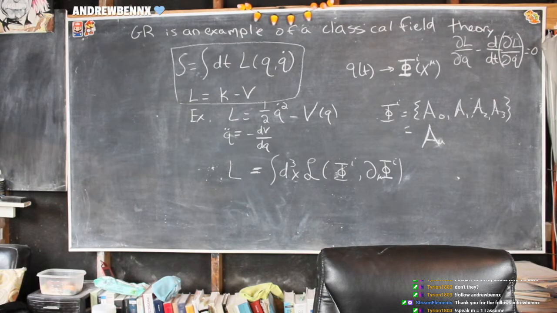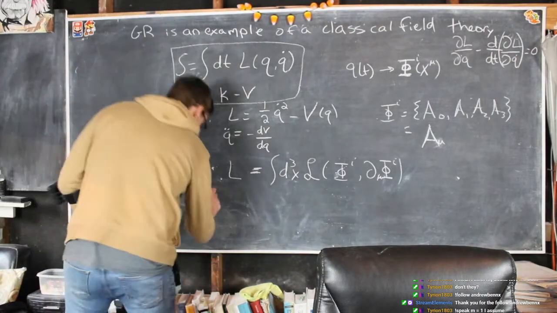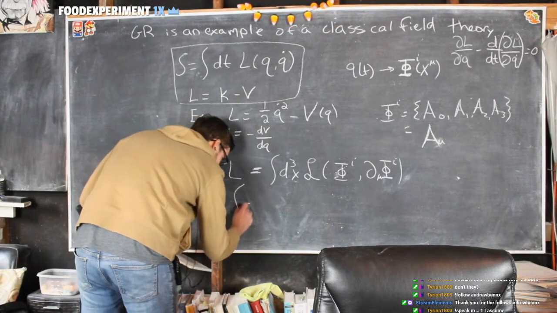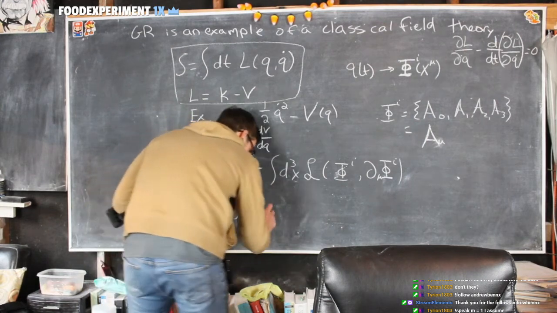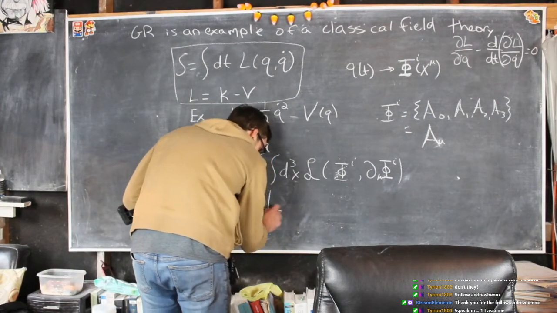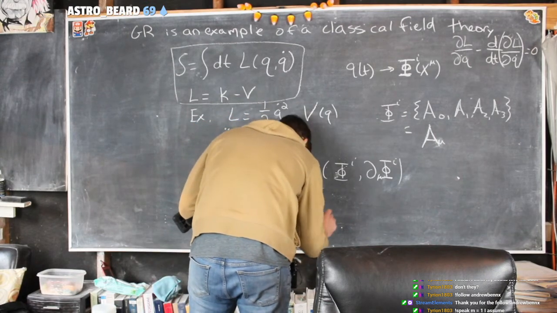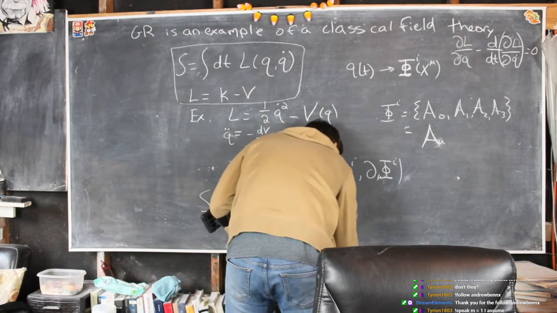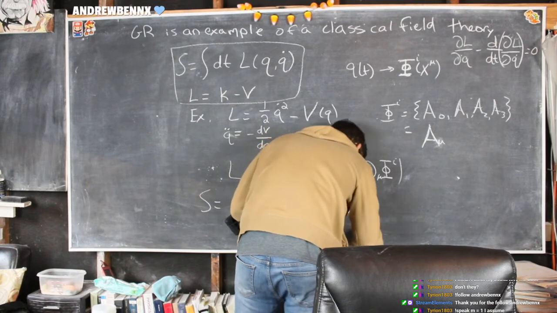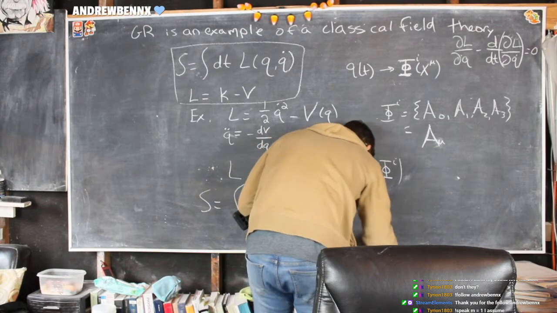So now the action becomes the integral of L dt, which is then equal to the integral in 4 space of the Lagrangian density.